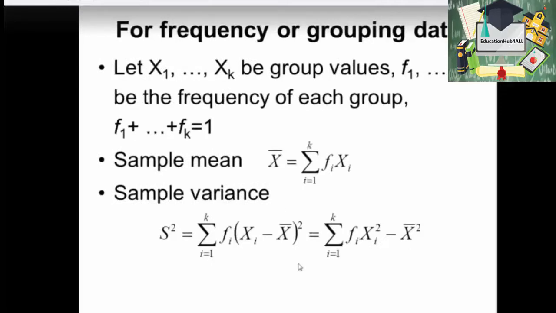We can also group our data. So again, take the example here. We can make groups. How many groups can we make here? Yeah, exactly, 2, because it's discrete.